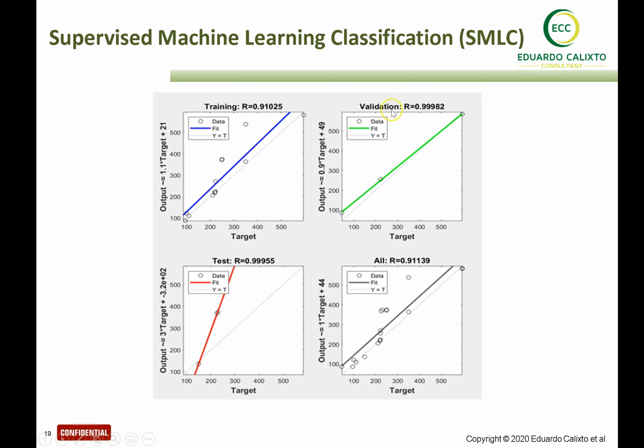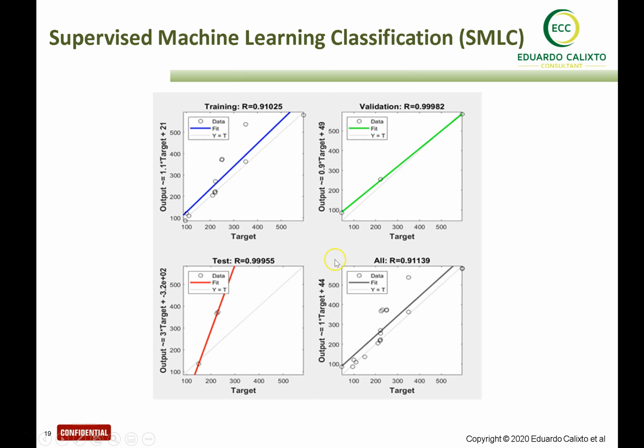What we get from supervised machine learning for this neural network regression is the regression line that best fits our data, and it's very good that this model shows one regression line for the training data set, for the test data set, for the validation data set, and for all data together.